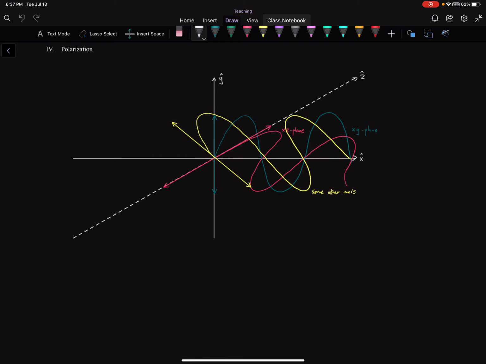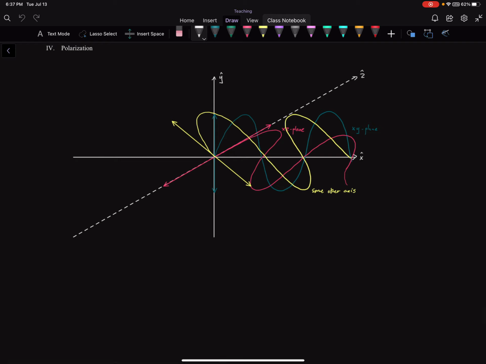This kind of thing matters when we're talking about traveling waves. This displacement axis of a transverse wave is called polarization. This doesn't just apply to electromagnetic waves, but it's much more common to talk about the polarization of light than the polarization of a transverse wave on a string, say. Light is an electromagnetic wave composed of an oscillating electric component as well as an orthogonally oscillating magnetic component.